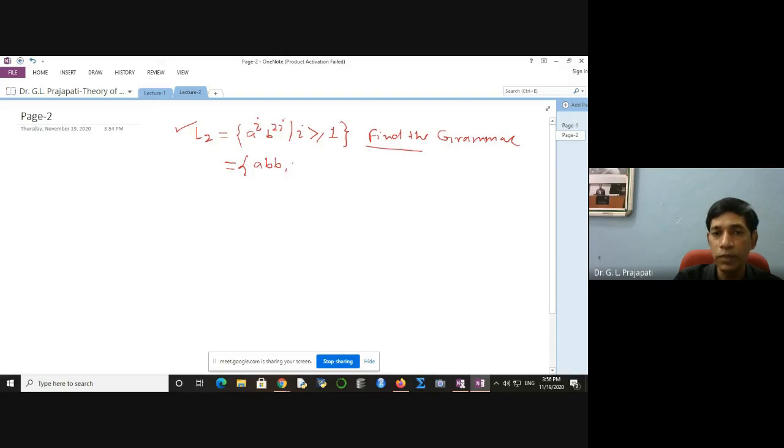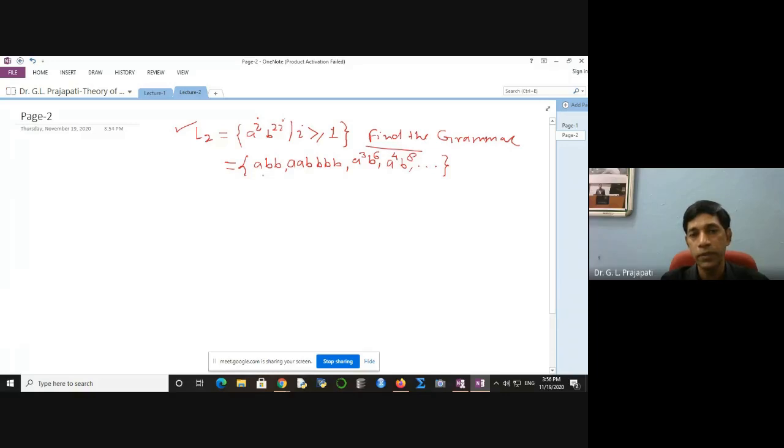If i is equal to 2, you will have a a and four times b. If i is equal to 3, you will have a^3 and b^6. Similarly, if i is equal to 4, you have a^4 and b^8. So these are the sentences generated by this grammar.